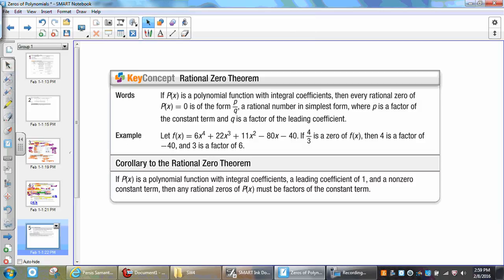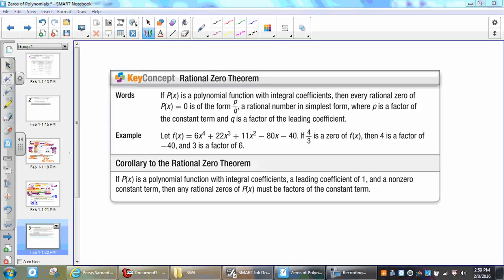Next slide, and the last one, I think. Rational zero theorem. So we're going to be using this one today. If we're talking about rational zeros, we're talking about rational numbers.